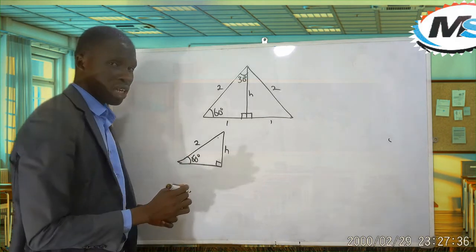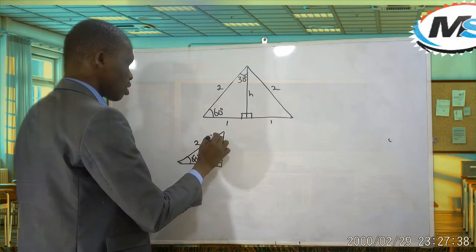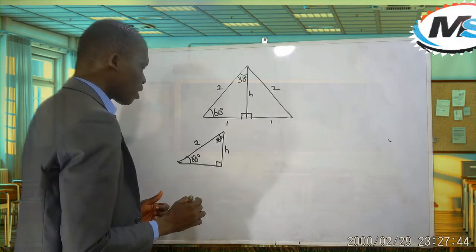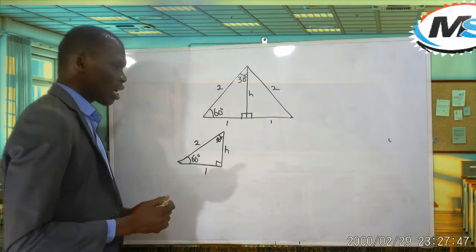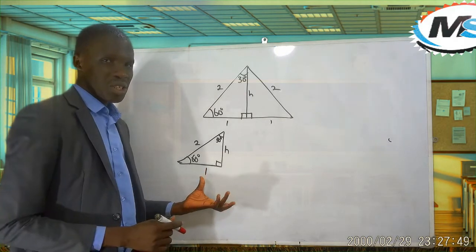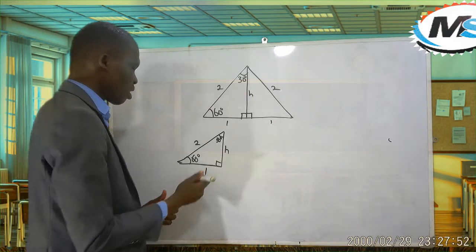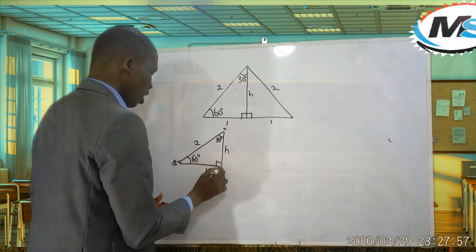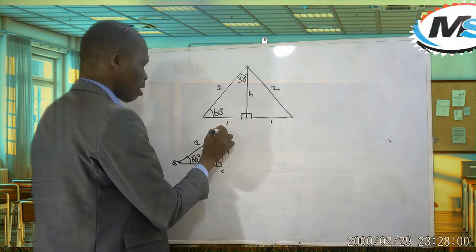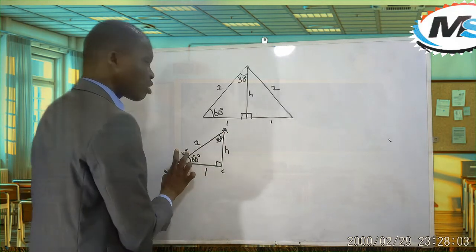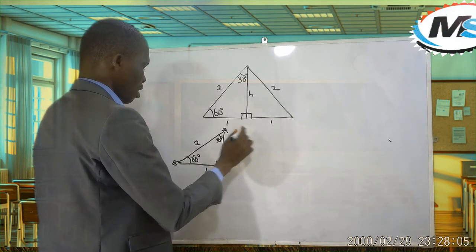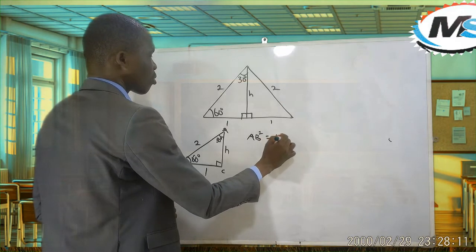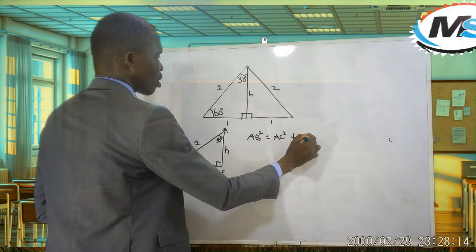I hope you are watching, right? And this will be 30 degree. Now, from here we have 1. Applying Pythagoras theorem, call this A, call this B, and call this C. You remember from our previous video, according to the Pythagoras theorem, AB square equals AC square plus BC square.